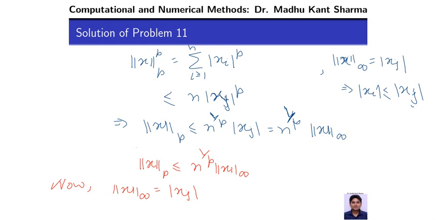This is certainly less than or equal to (|xj|^p plus the summation over i from 1 to n, i not equal to j, of |xi|^p) to the power 1 by p. What is inside is nothing but the p-norm of x. So from above, the infinity norm of x is less than or equal to the p-norm of x, which is less than or equal to n to the power 1 by p times the infinity norm of x.